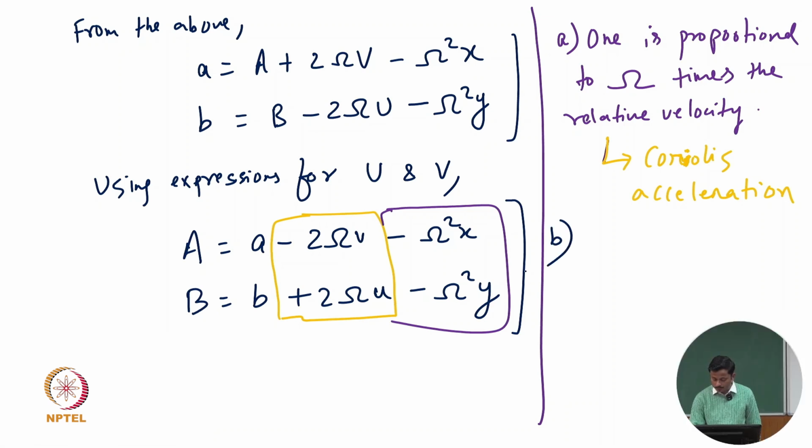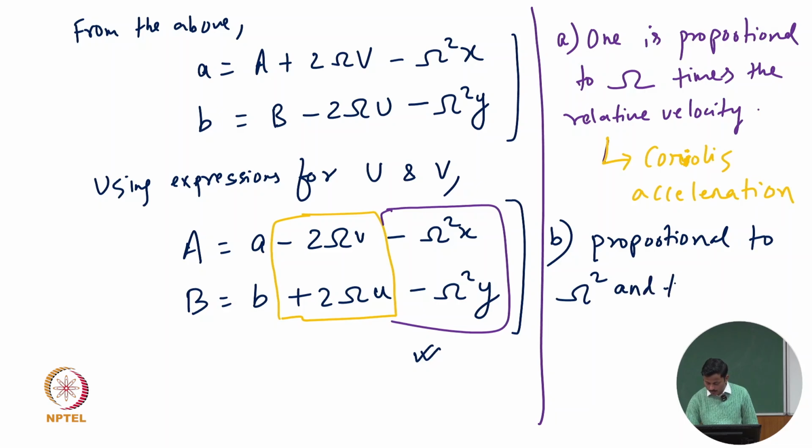And the second term, in violet here, is the one proportional to omega squared times the coordinate.